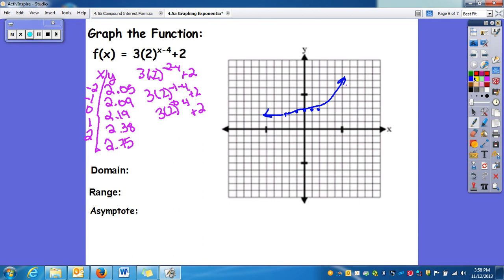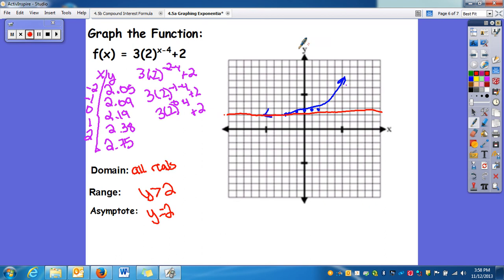So then, your asymptote is right here. There's always a bottom to your graph. Domain is always all reals. Your range, now this time we're above 2, so y is greater than 2. And your asymptote is y equals 2.